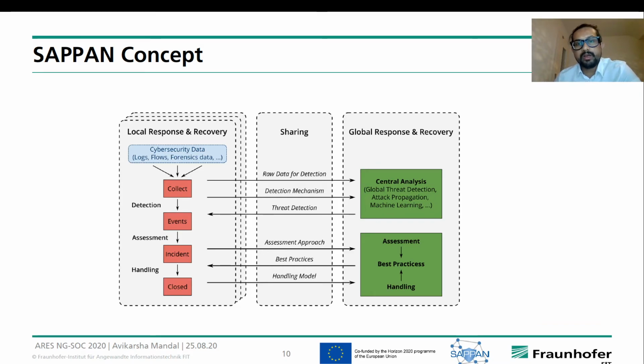On the left side, we look at the local response and recovery, where cybersecurity data is collected and processed, and locally detected, and the response and recovery is also done at the local level. And all these local steps can be shared to a global level with a SAPPAN sharing platform. At the global level, it will enable federated learning and improved detection, and also improved response and recovery actions.